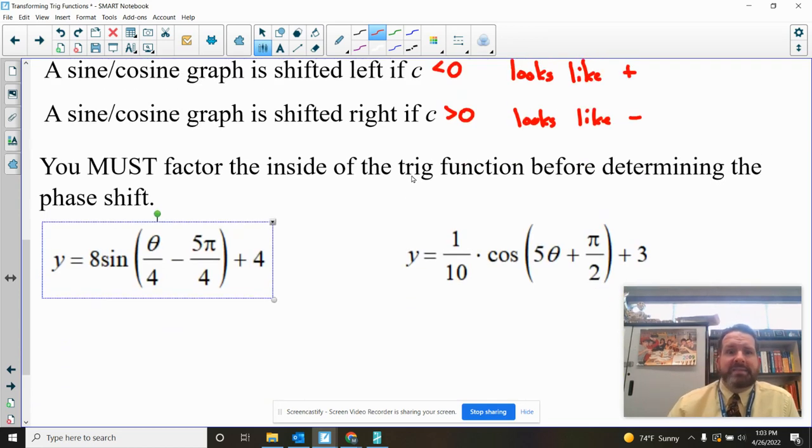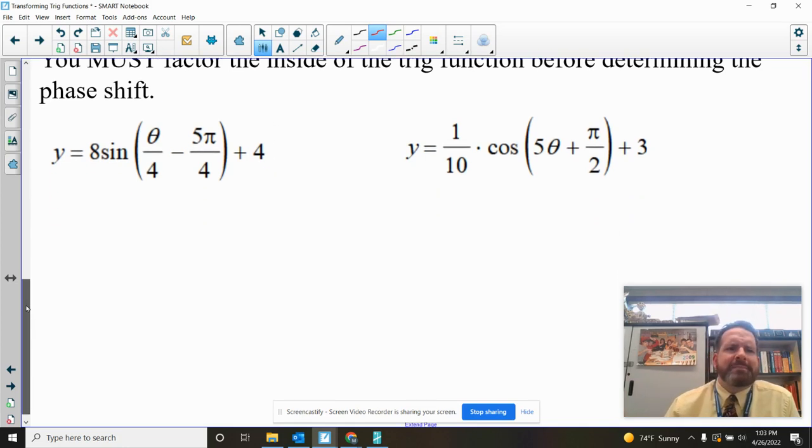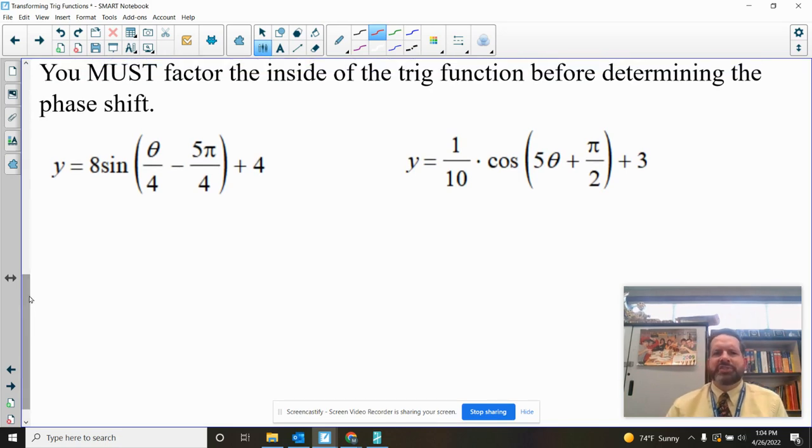What I mean by that is, down here, see how there's a minus in here? That's actually a shift to the right, because you're subtracting a positive C value. Whereas this one has a plus, it's going to end up being a shift to the left because you're subtracting a negative C value.